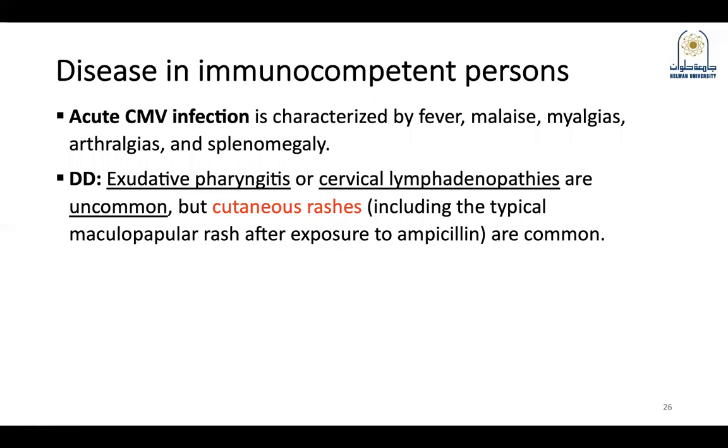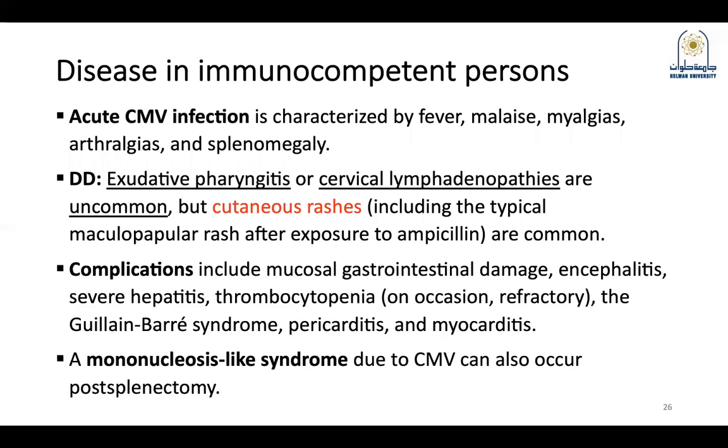So this is how to differentiate Epstein-Barr virus from cytomegalovirus. Complications include mucosal or gastrointestinal damage, encephalitis, severe hepatitis, thrombocytopenia, Guillain-Barré, pericarditis, and myocarditis. A mononucleosis-like syndrome due to cytomegalovirus can also occur after splenectomy.